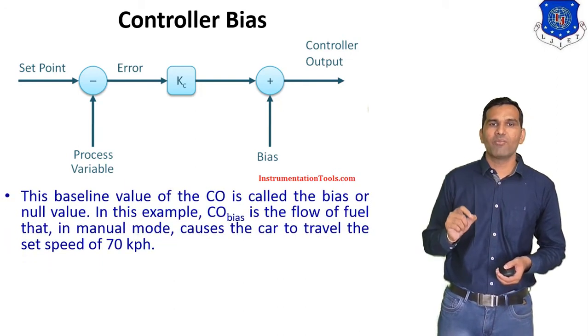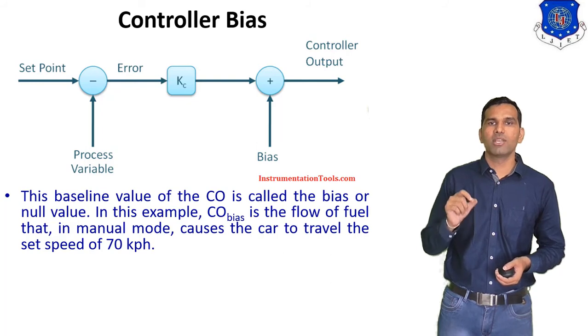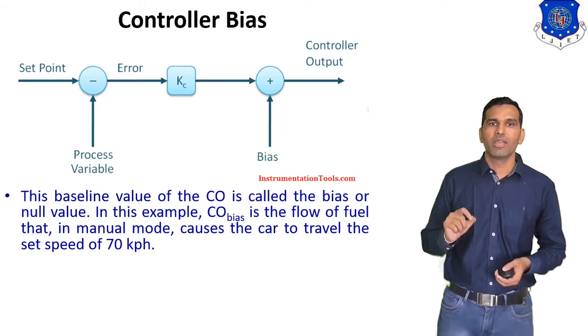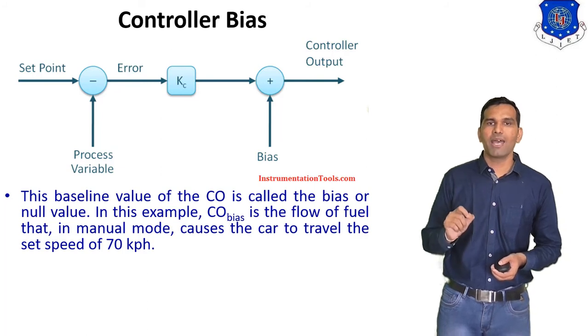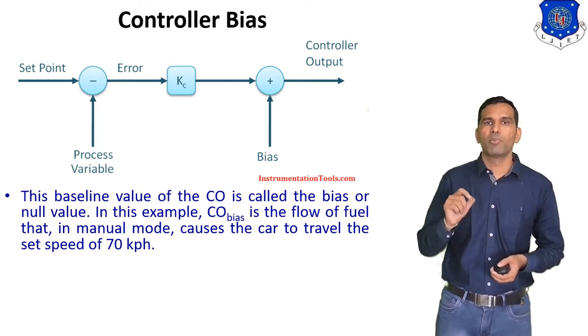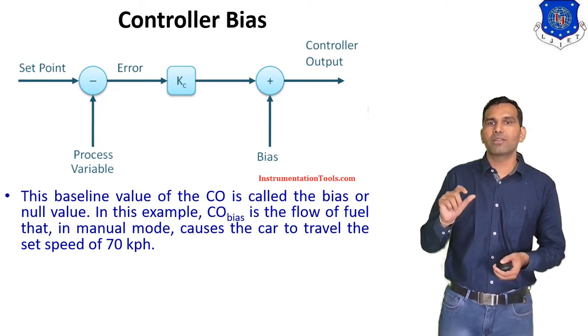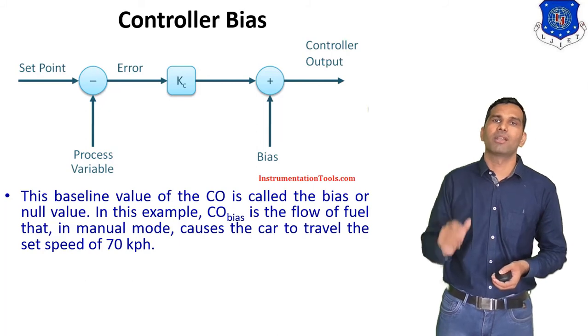This baseline value of CO is called the bias or the null value. In this example, CO bias is the flow of fuel that in manual mode causes the car to travel at the set speed of 70 km per hour.